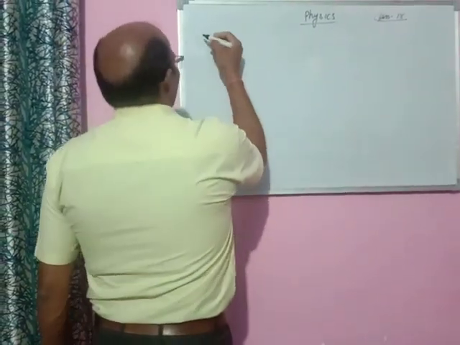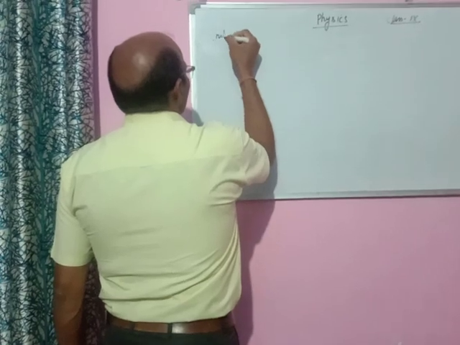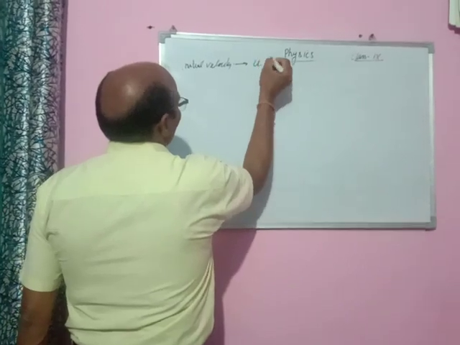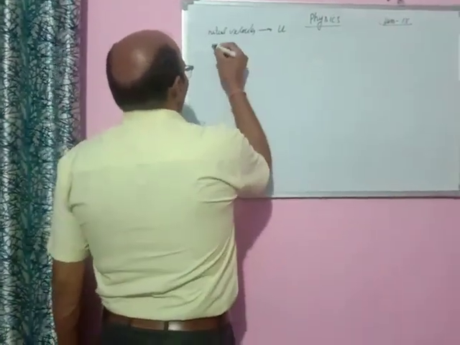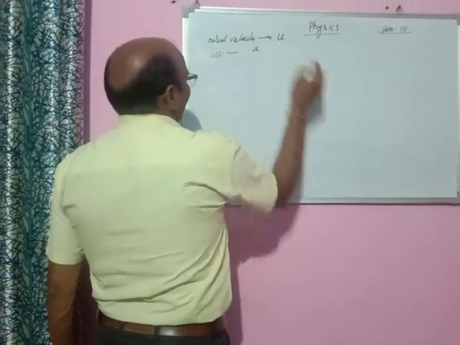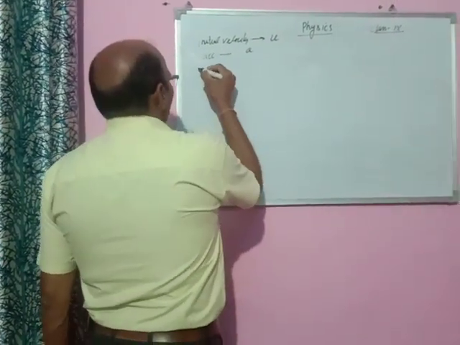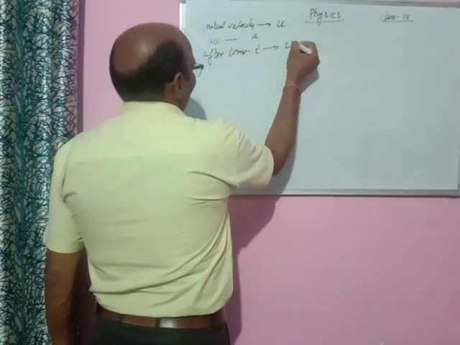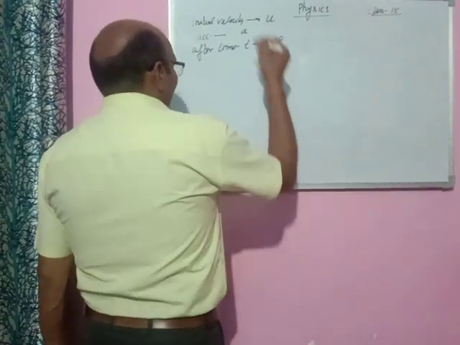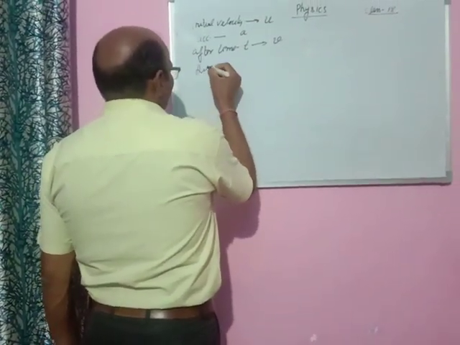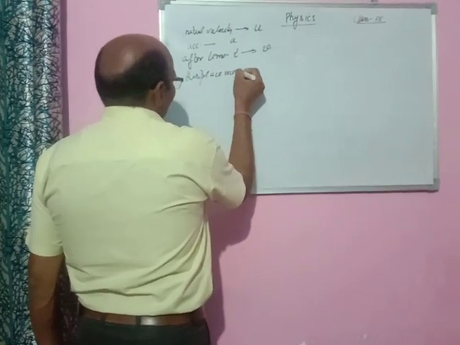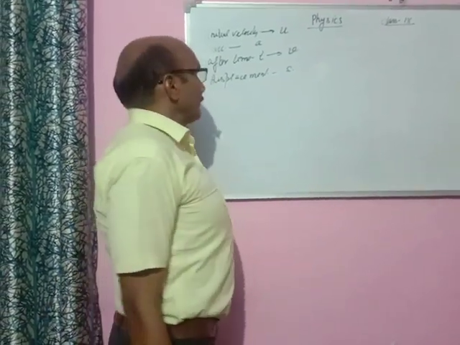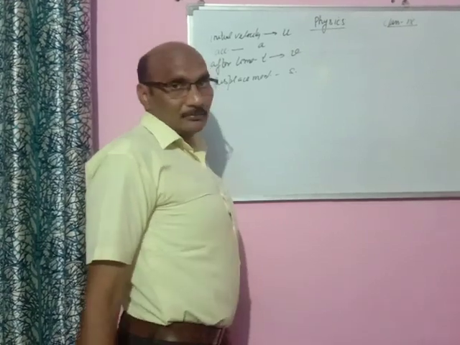Let the initial velocity of the object be u, acceleration be a, after time t its velocity becomes v, and in this time let the displacement be s. So what are the relationships between u, v, a, t, s?